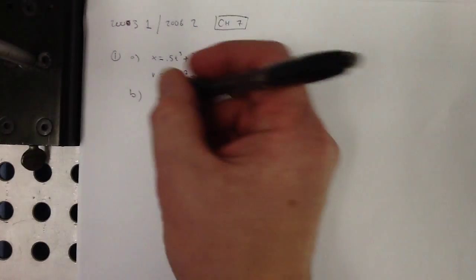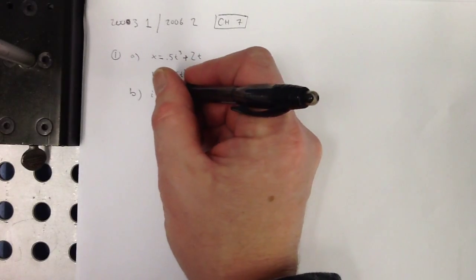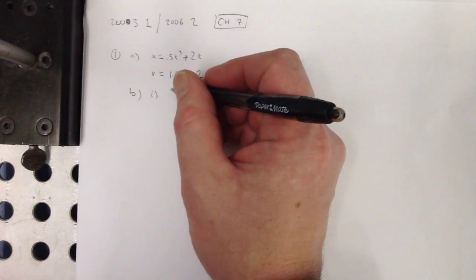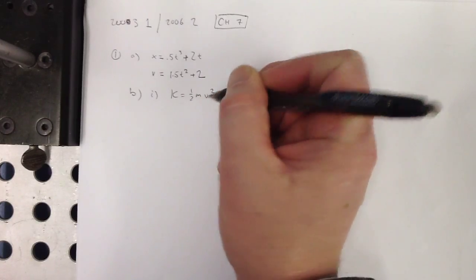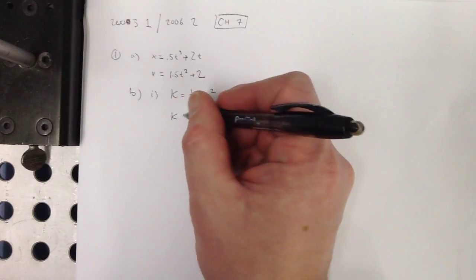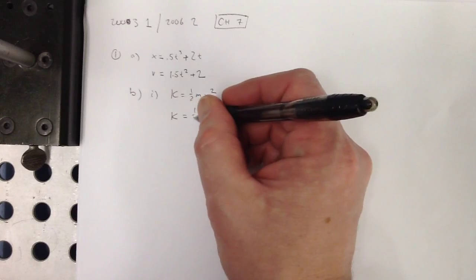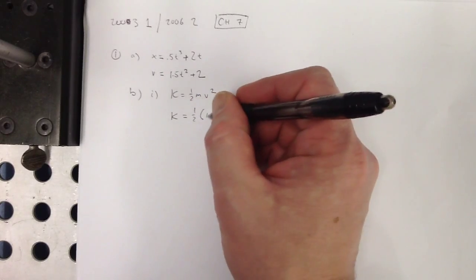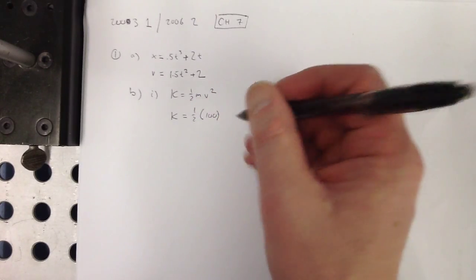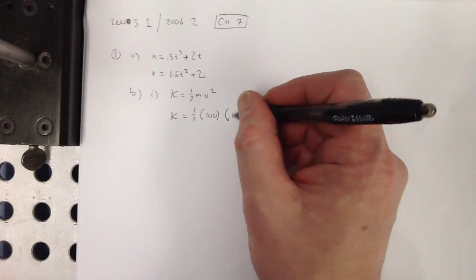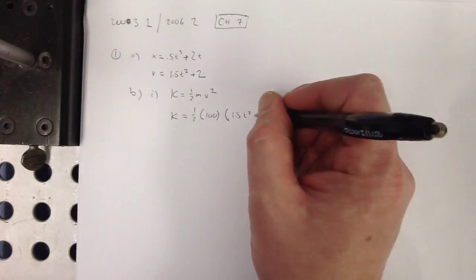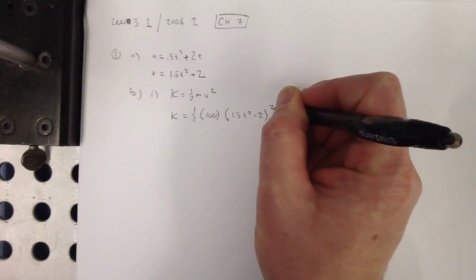Part B, determine the following as functions of time. 1, what is the kinetic energy of the box? Well, the kinetic energy is equal to 1/2 mv squared. So the kinetic energy is 1/2 times the mass of the box times the velocity, which we have right here, 1.5 t squared plus 2, squared.